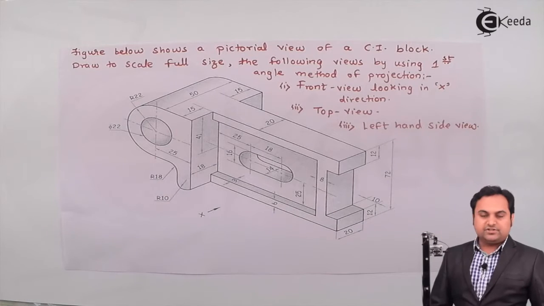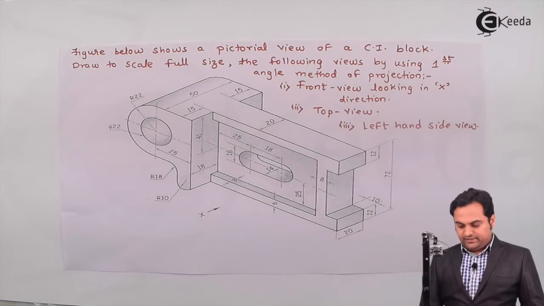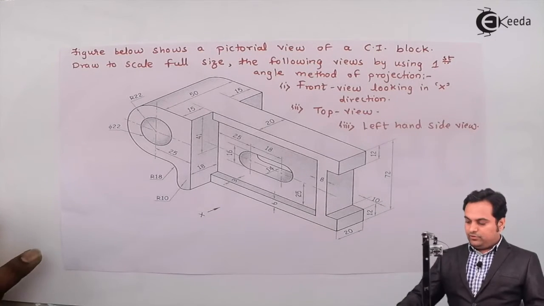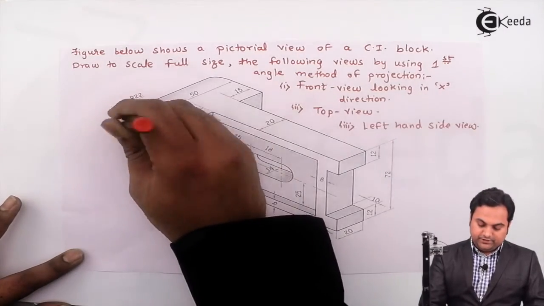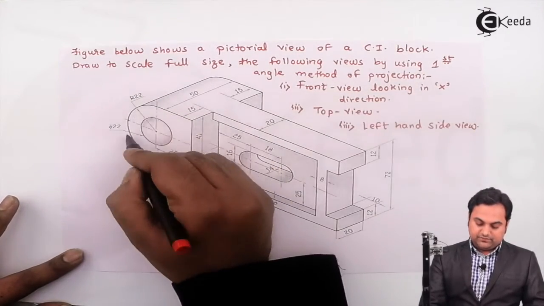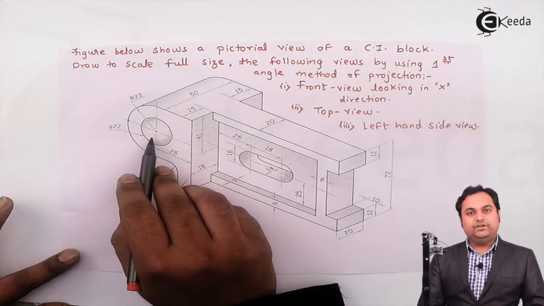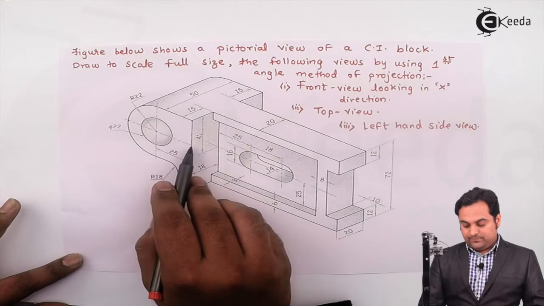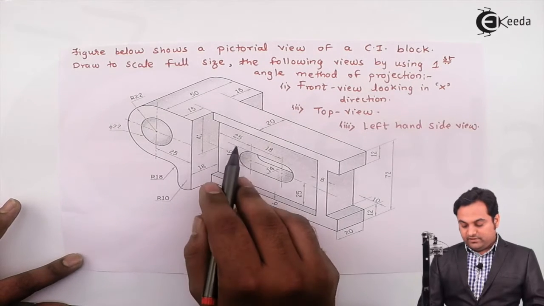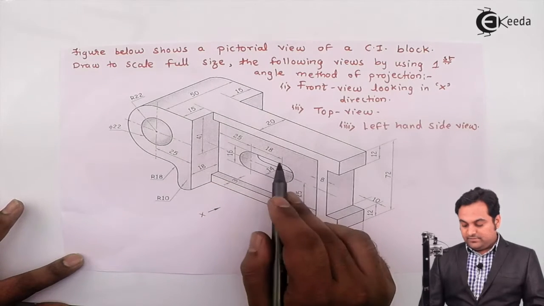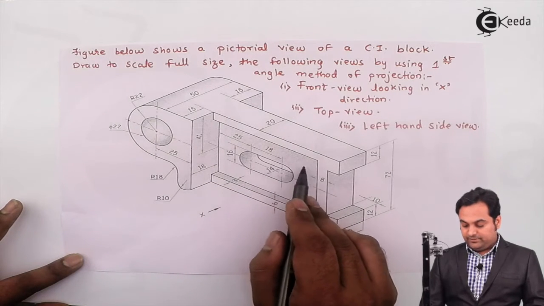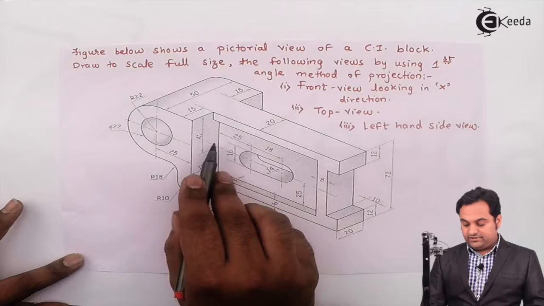Now, first we'll try to get the total length, height and width. When I'm looking at this object, from this point up till center, that is the radius of this semicircle, it is 22 mm. Then from the center up to the end, that is 25. Then again there is 25 mm plus 18 mm. Similarly from the center up till here it will be 25, as from here it is 25.